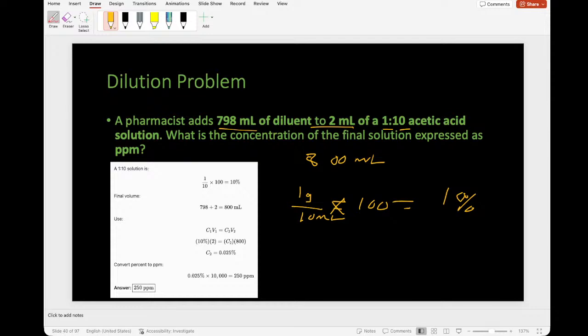And then the 10% you would multiply by which equals 20, and then 800 divided by 20, which equals 40, which I don't know where they're getting the 0.025% from, but we'll check it out.